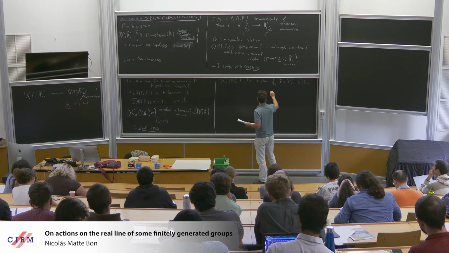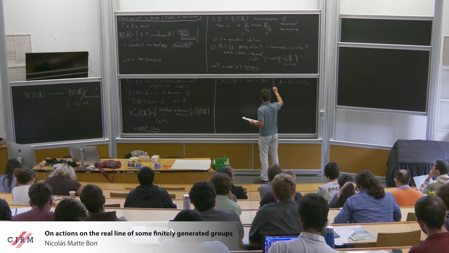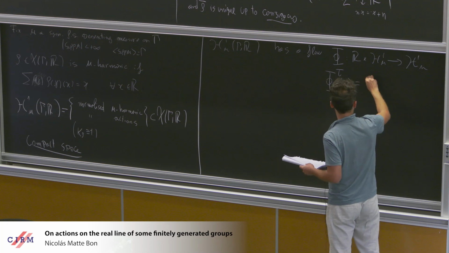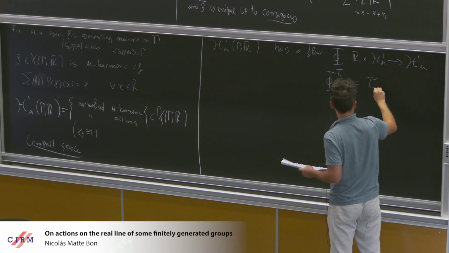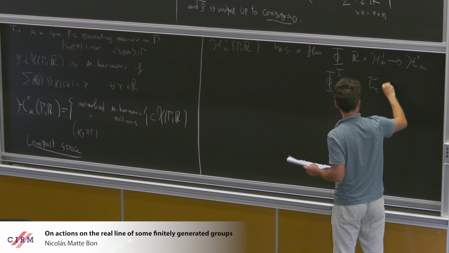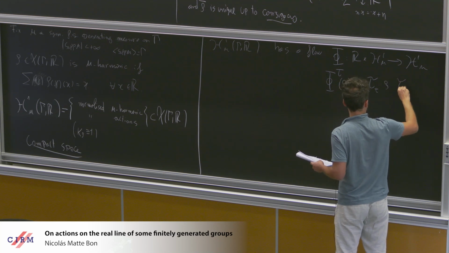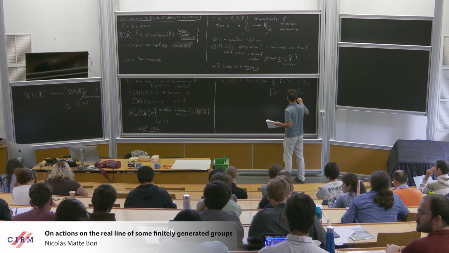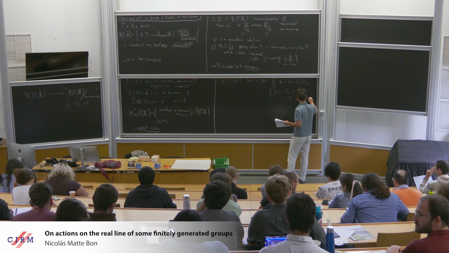What is it? You just take an action and apply the flow at time t by conjugating the action by tau t. This is the map that is translation by t.